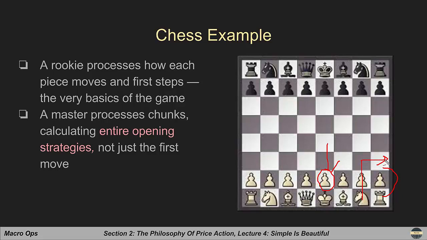The masters have chunked down these concepts, and so he's thinking about entire higher level strategy, like entire opening plays. That he's going to move this pawn here, then this one here, then take the knight out here, and then send his bishop out and make an attack down this side of the board. He has that higher level at the front of his mind because this other stuff is chunked back into something that he can instantly, with a snap of a finger, just recall and know.